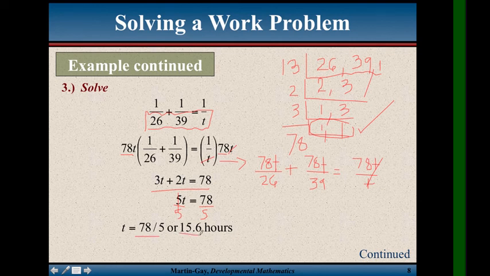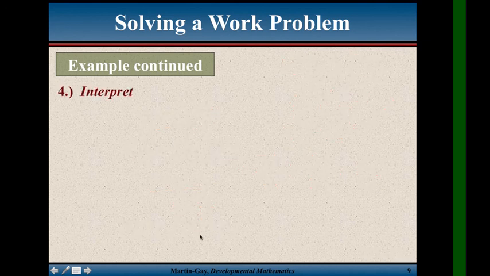So, we have 15.6 hours as the time if magwo-work together yung ating mga workers or roofers. Okay? Kung magwo-work sila together, kaya nilang tapusin yung roof ng bahay in just 15.6 hours.